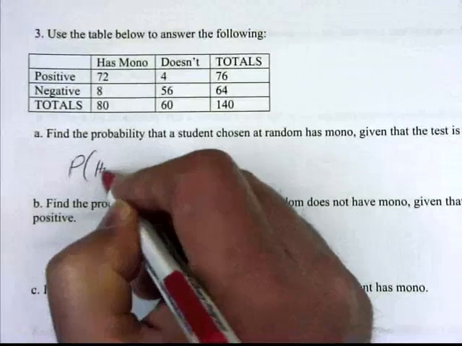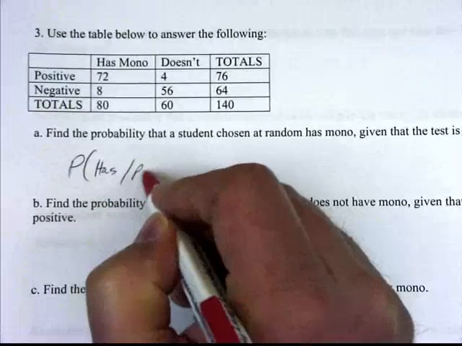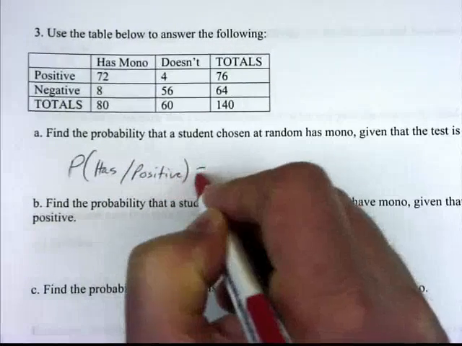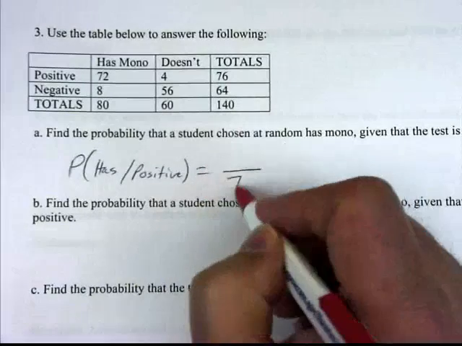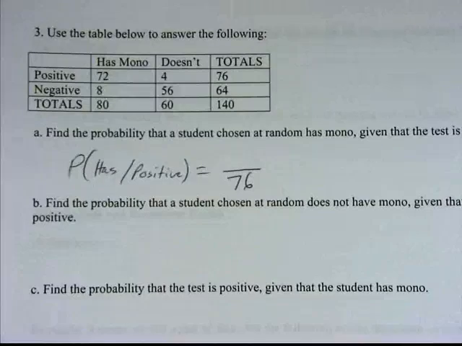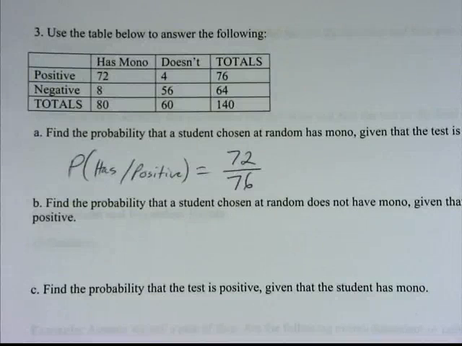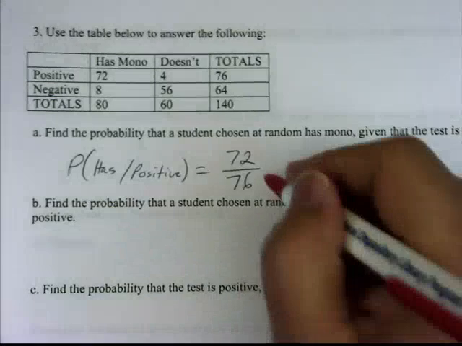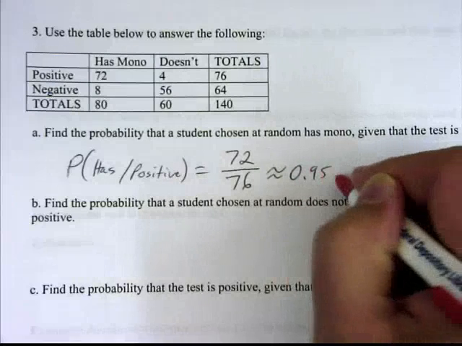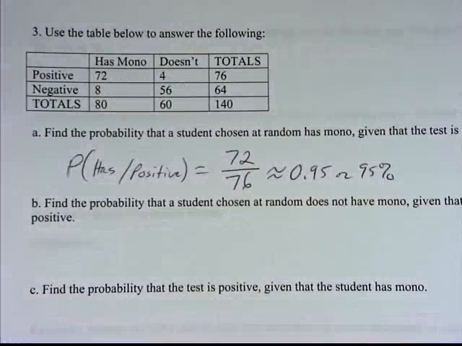So the probability that they have mono and it was a positive test: there are 76 positives, and of those 76 positives, 72 had mono. If we turn that into a decimal, 72 divided by 76, we get about 0.95, or 95%. So in other words, if the test is positive, it tells you about 95% of the time it's correct that the student does have mono.